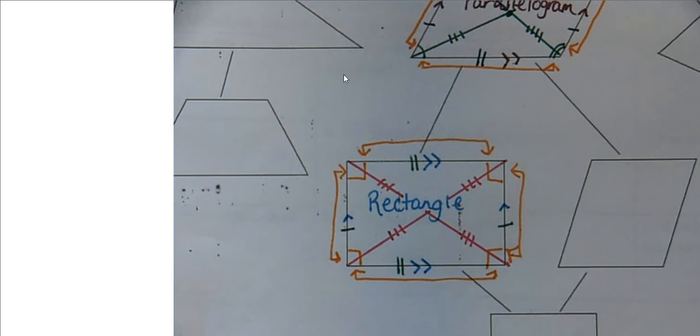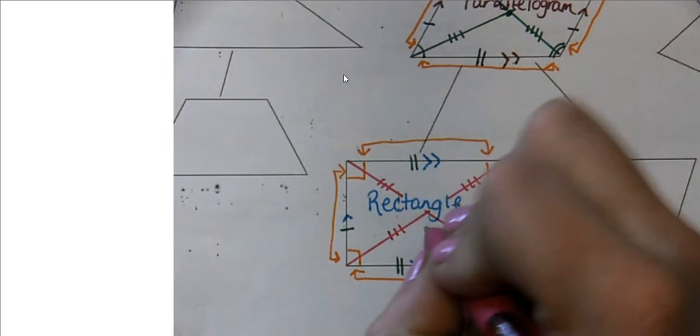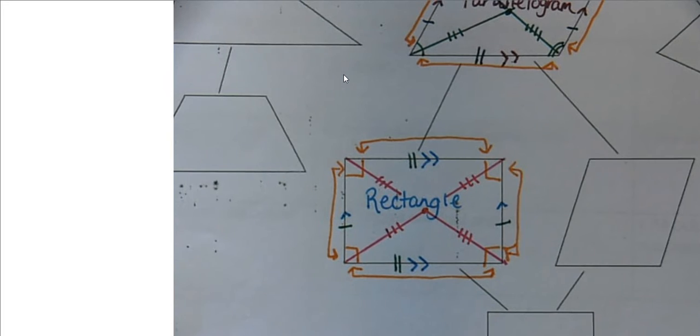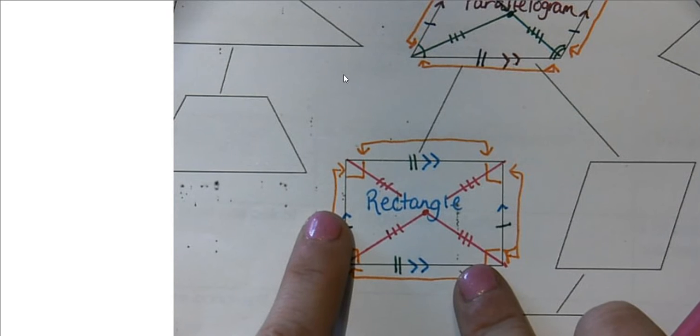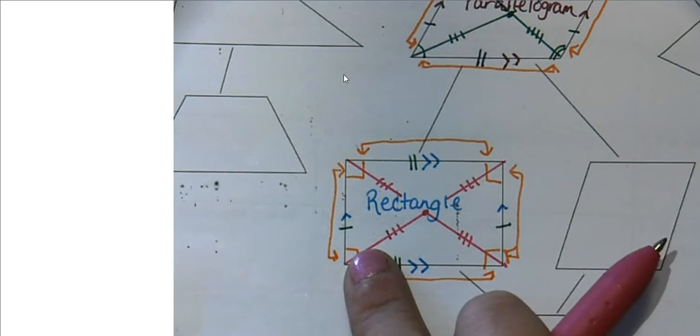I'm sorry, just like a parallelogram. But in a rectangle, they bisect each other and they are congruent. So in a parallelogram, diagonals bisect each other. In a rectangle, they also bisect each other and they are congruent. Notice my tick marks. All of them have 3 tick marks going all the way around.